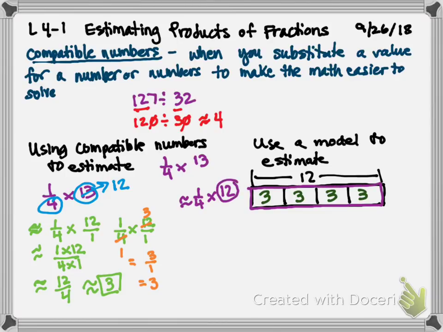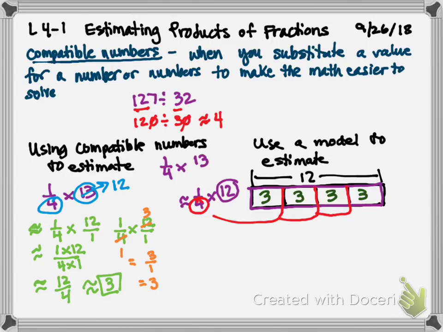And the 4 represents how many equal sized pieces we're going to break that bar into. And then we just use logic. If there are 4 equal pieces and they total up to 12, each piece would have to equal 3.